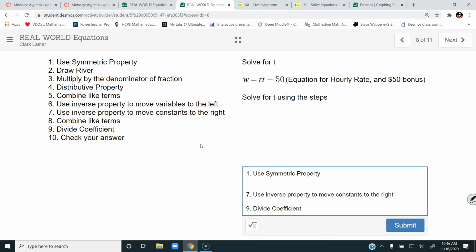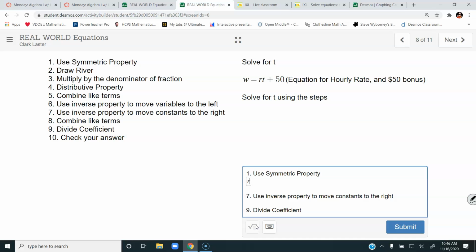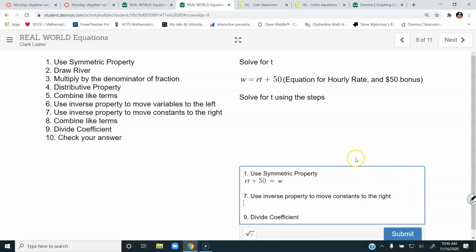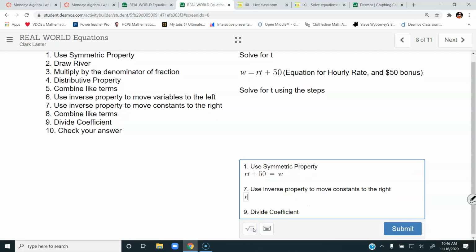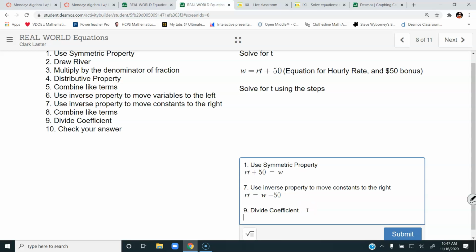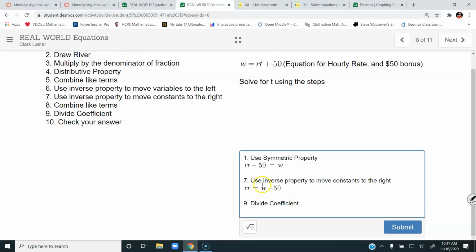So this is going to be RT plus 50 is equal to W. The inverse property is going to be RT is equal to W minus 50. Okay, I got that 50 to the other side. And then finally, the last thing I'm going to do is divide all this by the thing I don't want, which in this case is R. So again, I'll do this as 2 steps.